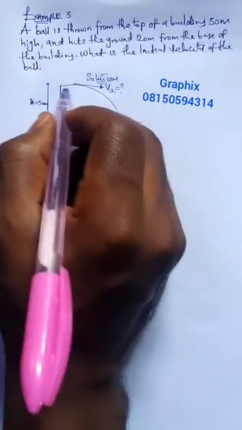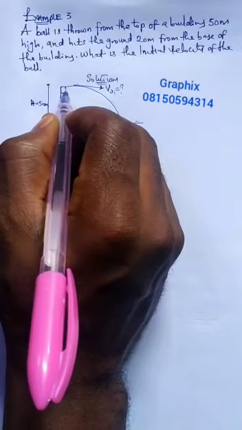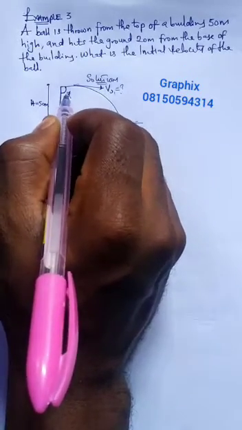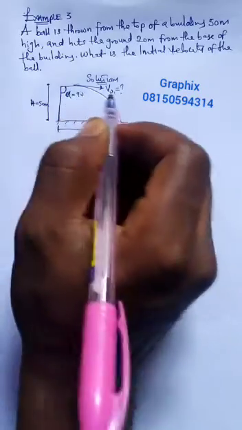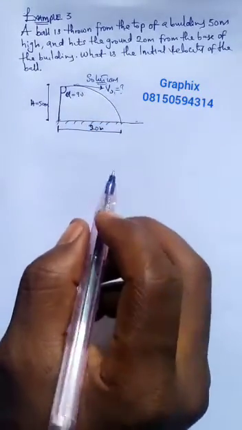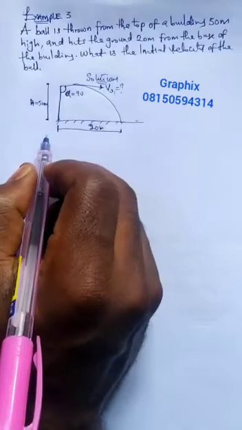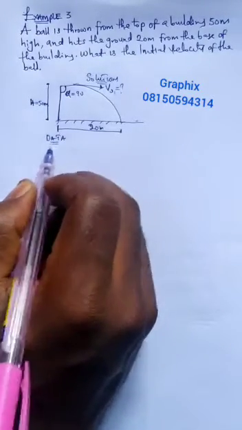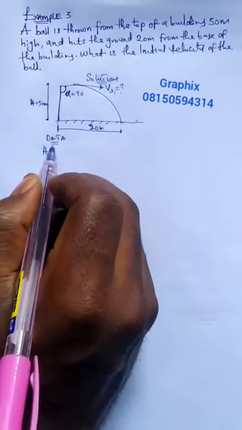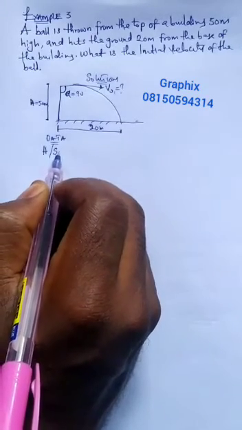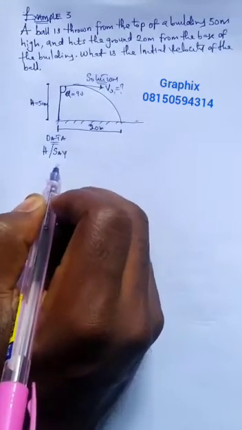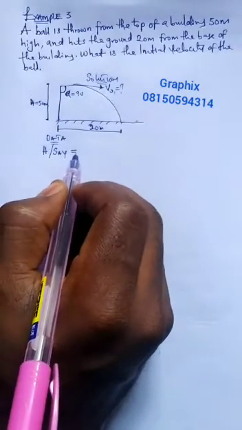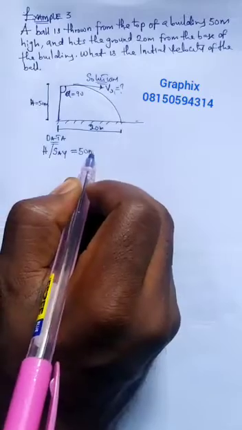Since the angle is not given, we always assume that the angle alpha is 90 degrees. Are we good? So let's start. The data given here is the height, which is also called the distance along the vertical axis, SAY, equals 50 meter.